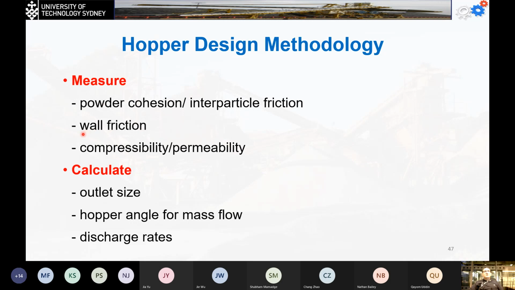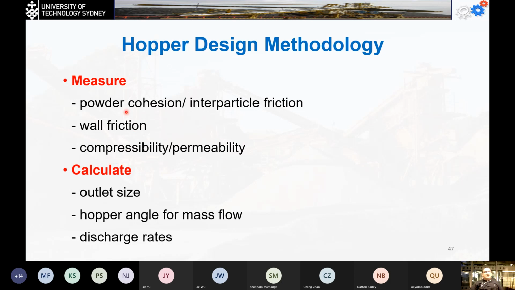Also, we need to check what will be the wall friction for the material with the wall of the silo, and we need to check the compressibility and the permeability of the material. That's an extra test actually. They put the material under a certain pressure for a certain time, and then they do the measurement for it. The same two measurements are done for the compressed material.